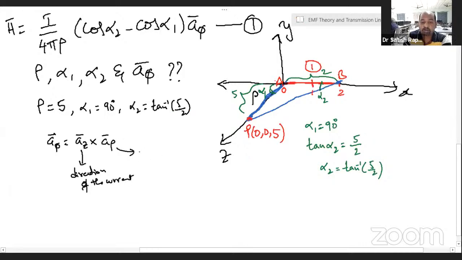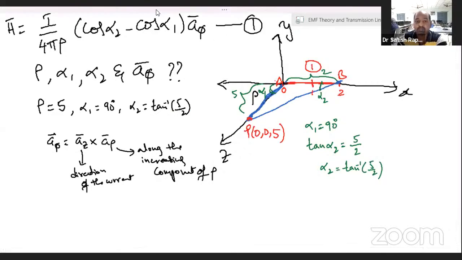And arrow bar is the unit vector along the increasing component of rho, right? So from the figure, let me indicate this. So what is arrow bar? So this is rho. So rho is increasing in this direction. So this is arrow bar, right?